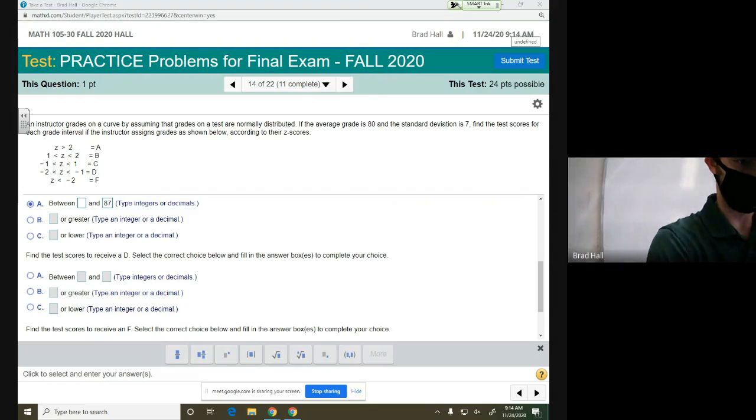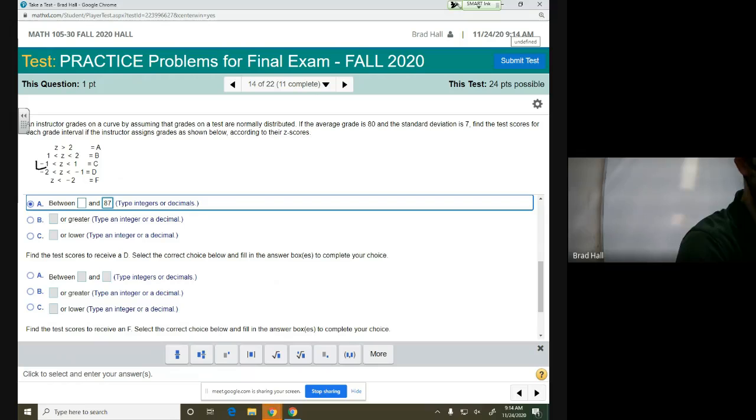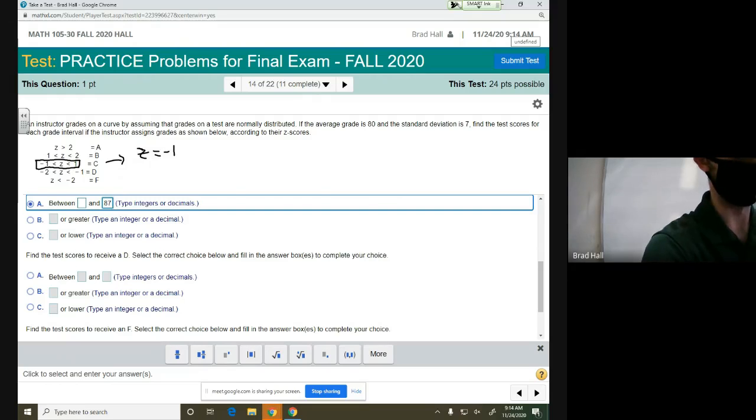And then for a C grade, we figured out the upper bound. We need to know the lower bound, which is a standard deviation of, so Z is -1, or 1 below the mean. So this is 80 plus -1 times 7.